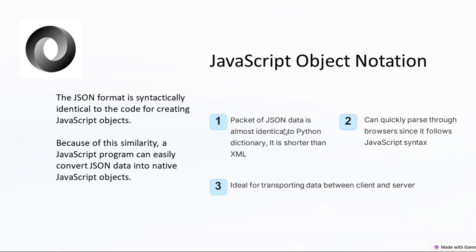It's also very similar to the Python dictionary. Compared to XML, it is quite easier to write a JSON file and quite shorter. For that reason, we can quickly parse through the browsers using JSON, since it follows the JavaScript syntax. Hence JSON is ideal for transporting data between a client and a server.